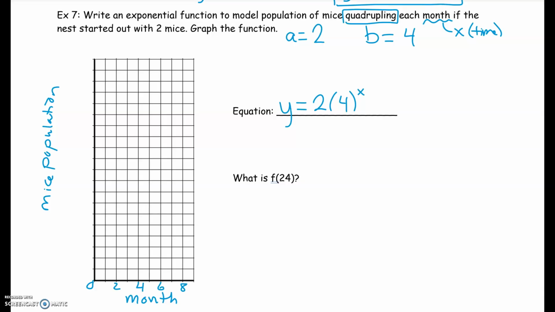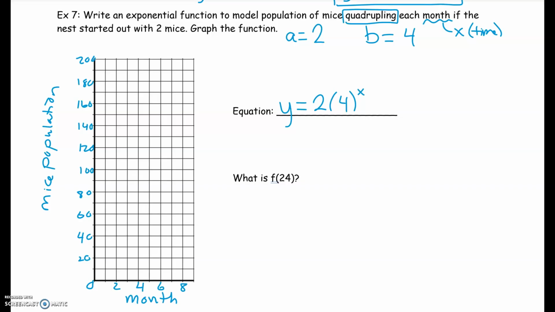And I'm going to label my y-axis by 10s, so every other line will be by 20s. So 20, 40, 60, 80, 100, 120, 140, 160, 180, and 200 at the very top.